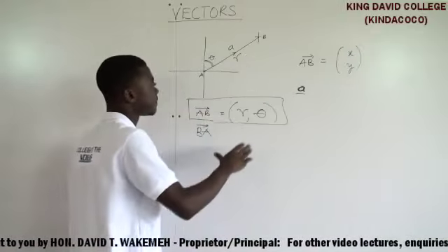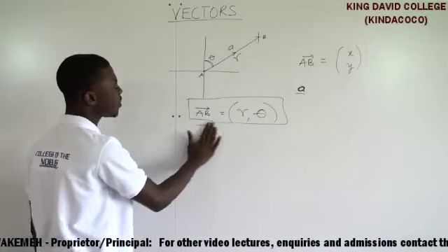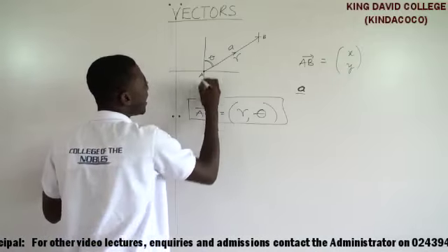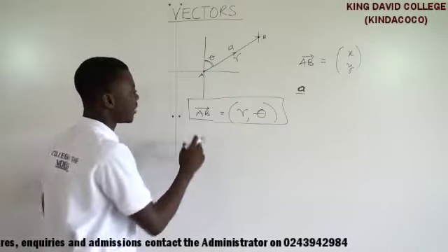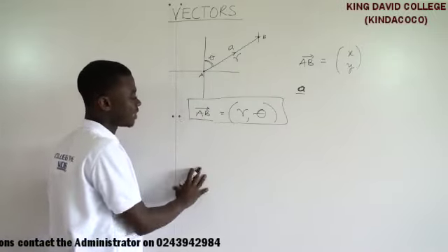So next we have these two situations. Now, if you have a vector moving from A to say B, then we will represent it as vector A to B with this line.